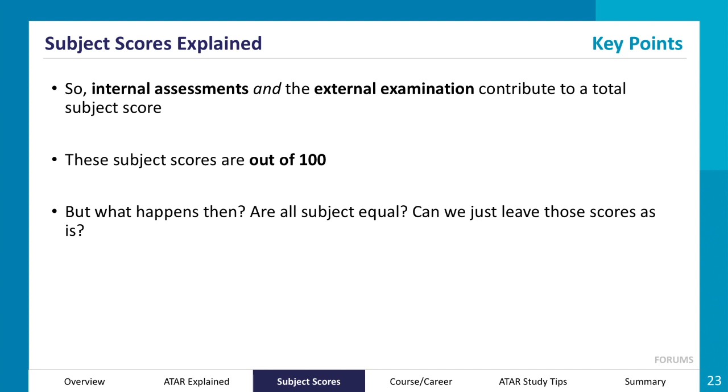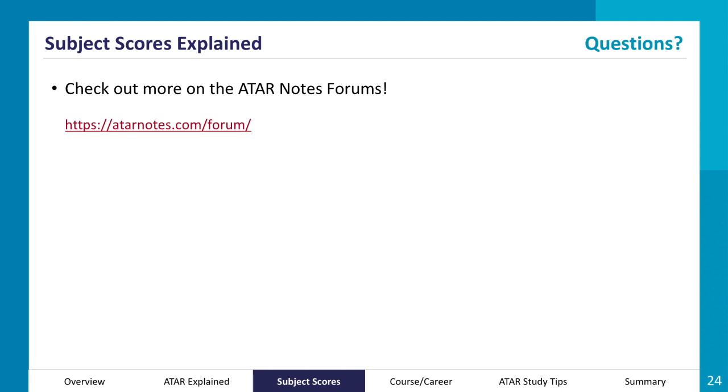And the reason for that is that there are other factors at play. We need something called inter-subject scaling. But before I go on to explain scaling and its impact and the way that it functions, I just want to note that this is probably the trickiest concept which we'll cover.